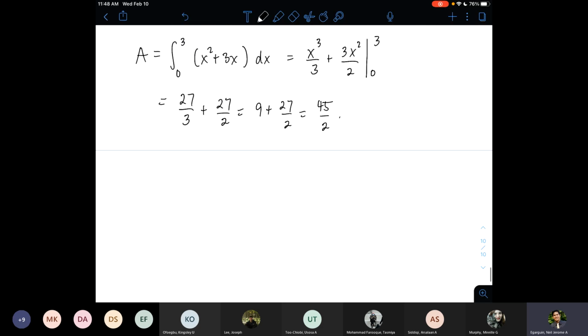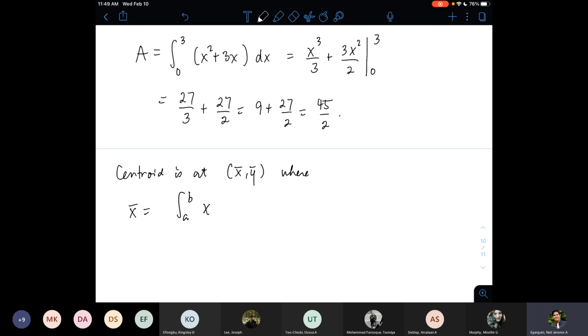Okay. Now the centroid is at x bar, y bar, where x bar is equal to the integral from a to b. Again, we will be integrating x times the weight, and the weight is f of x minus g of x, which we knew to be x squared plus 3x, right?